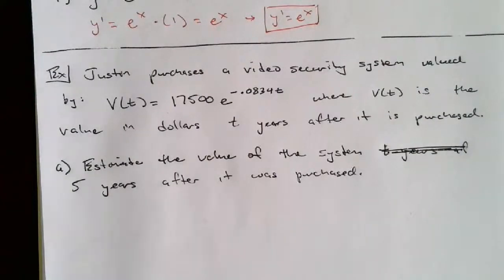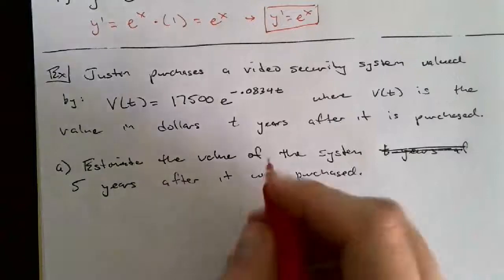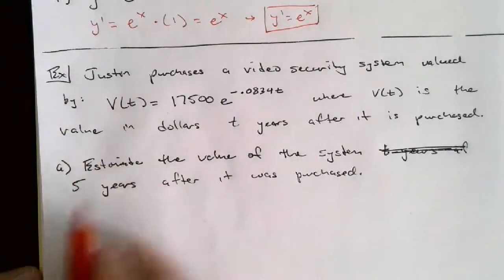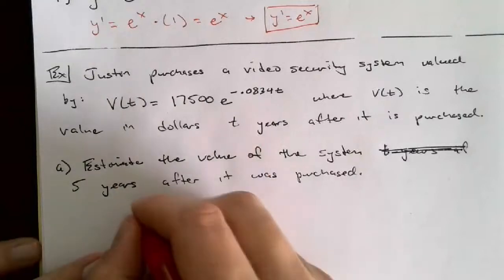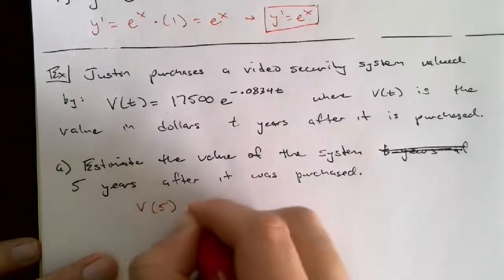So for this first part, all they're really asking you to do is find the value at 5 years. We don't have to do anything here. The function is already set up the way we need it. We just have to find v of 5.